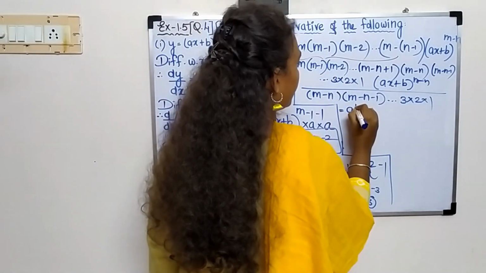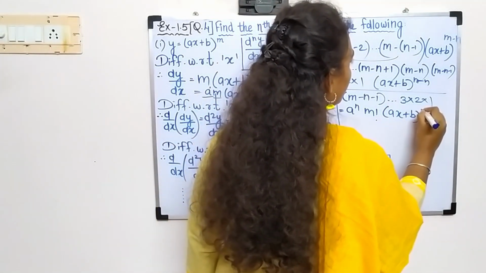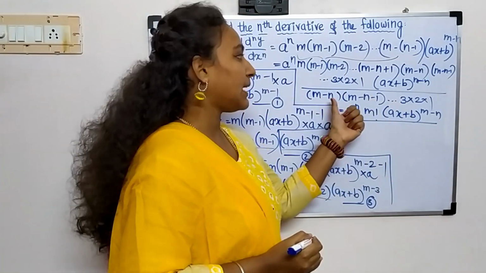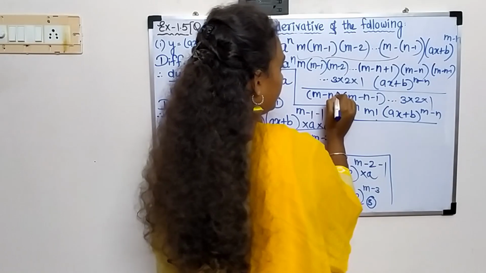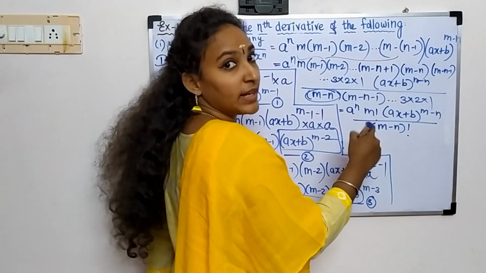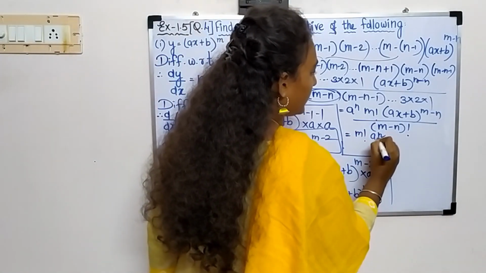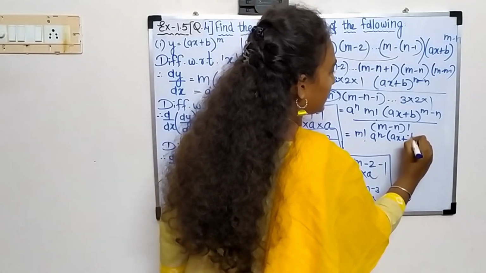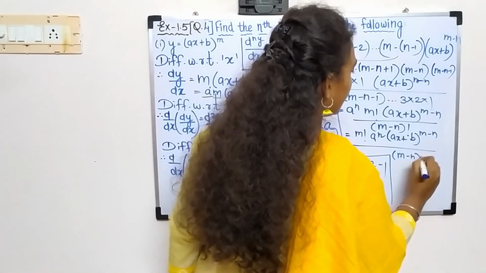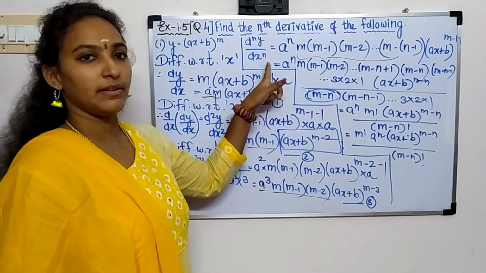So this is a power n, m factorial, ax plus b raised to m minus n upon, and this can be written as m minus n factorial. So again this can be simplified to m factorial a raised to n, ax plus b raised to m minus n upon m minus n factorial. Okay. So this is your answer for nth derivative.